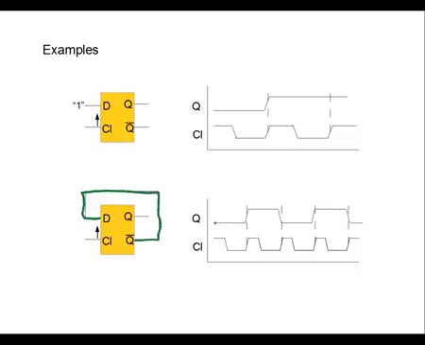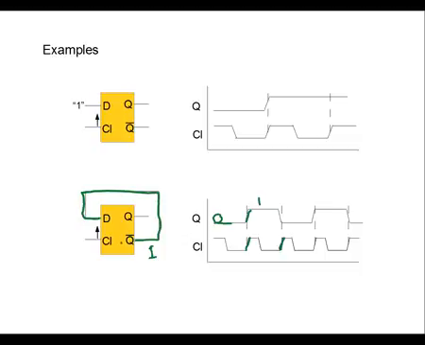Okay, let's assume again Q starts off at 0, and then this is the rising transition. So let's see, when Q is 0, what's Q bar? Isn't it 1 during this time? And so now D is equal to 1 during this transition, which means what? When D is equal to 1, Q goes to 1. So then we follow the clock until the next transition. At the next transition, what happens? Q is 1.